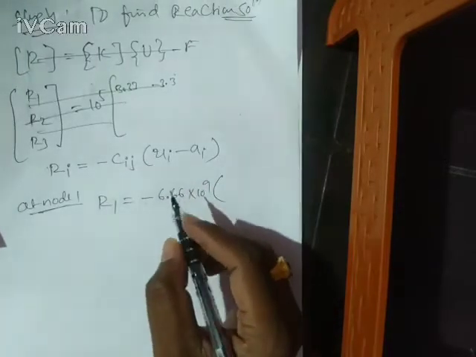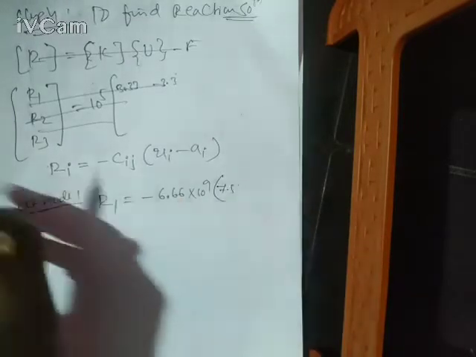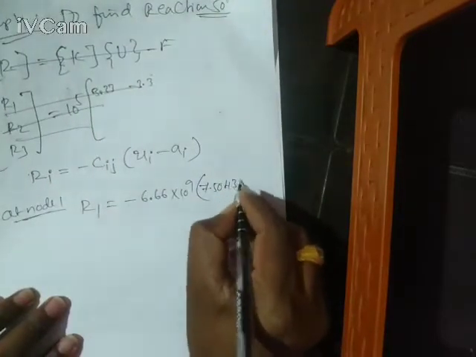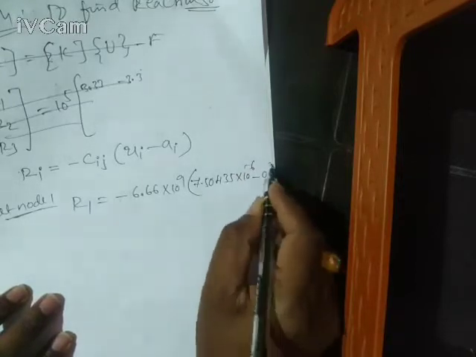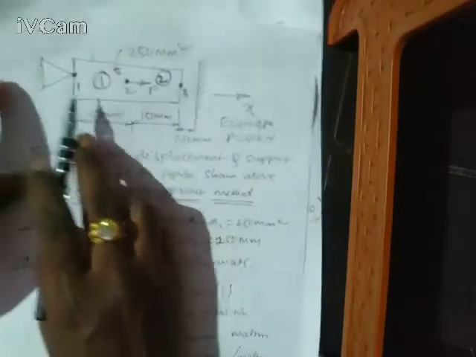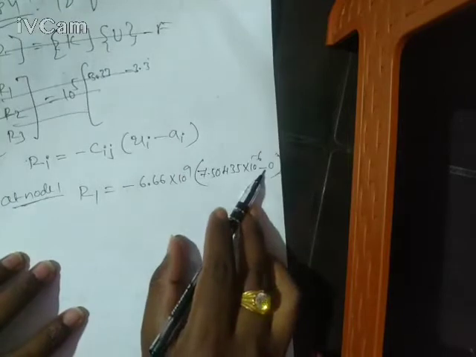My U1 is 7.50435 into 10 to the power minus 6, and Ai is 0. Why is Ai 0? Because node 1 is fixed here. Look at this, node 1 is fixed. That is the reason the displacement A, which represents displacement, becomes 0.